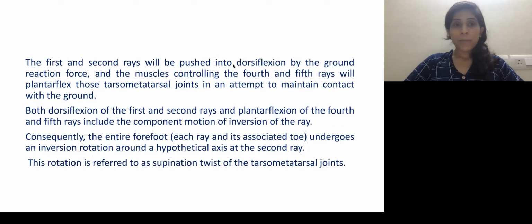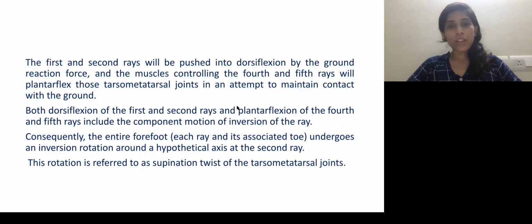So for this, first and second rays will be pushed into dorsiflexion by the ground reaction force, and the muscles controlling the fourth and fifth rays will go for the plantar flex. So those tarsometatarsal joints act in an attempt to maintain the contact with the ground.